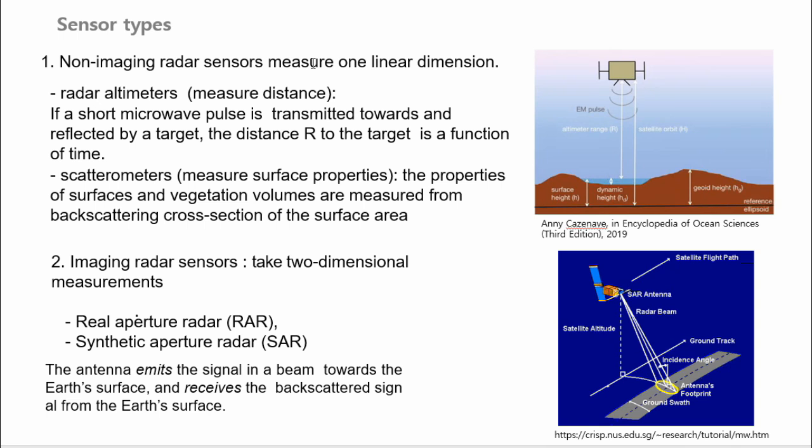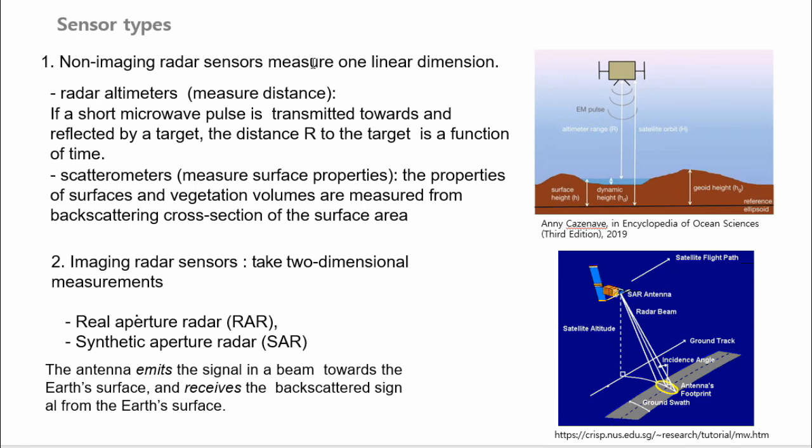And the scatterometer is also a non-imaging radar. Properties of the surface and vegetation can be measured from the backscattering cross-section. However, imaging radar sensors can make two-dimensional or three-dimensional measurements. As you can see in the figure here on the bottom, they are moving.